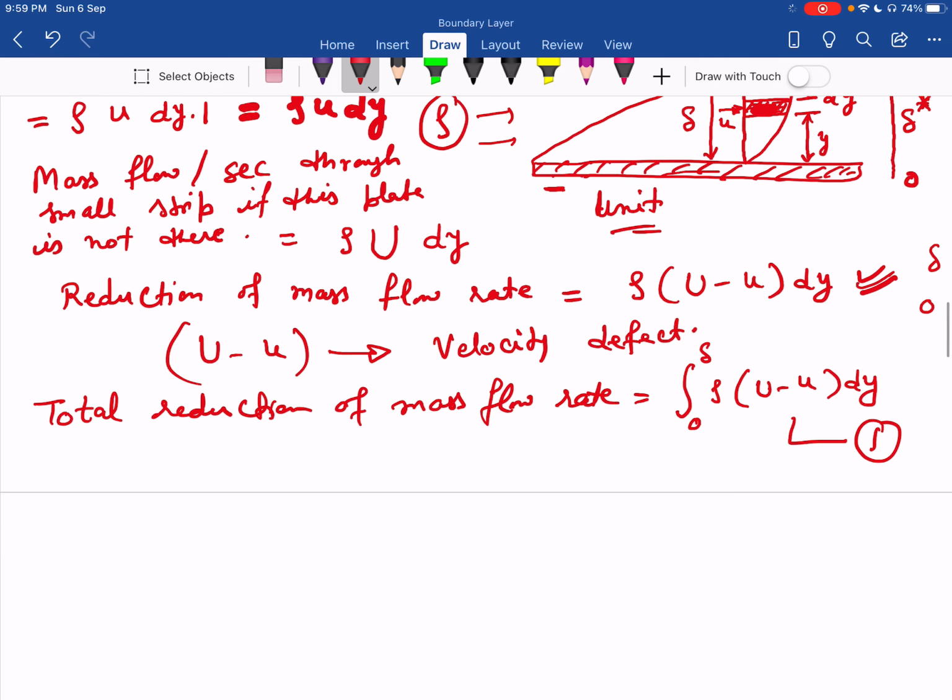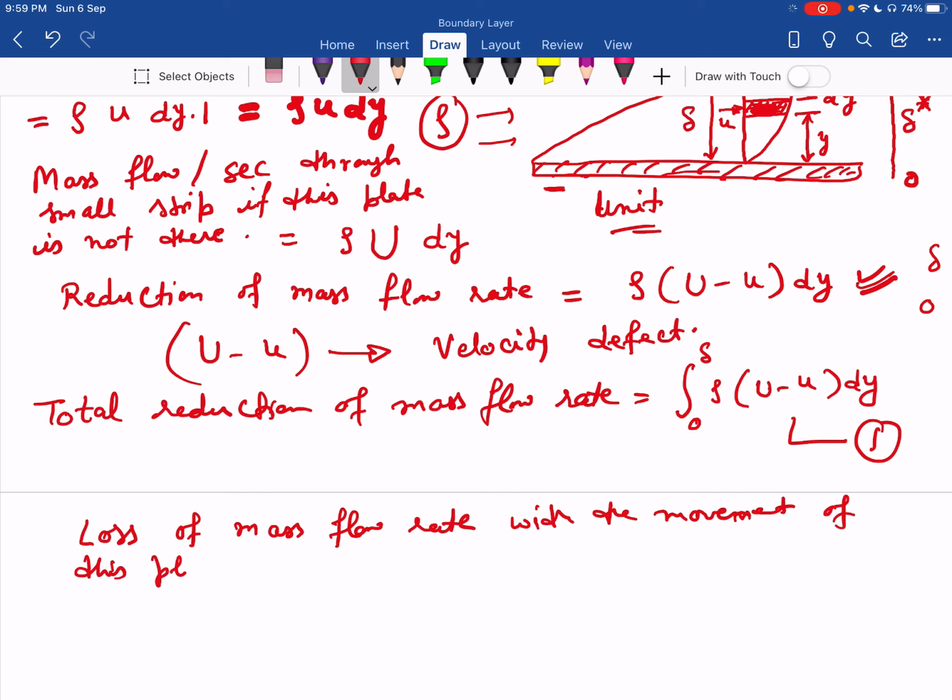I can write the loss of mass flow rate with the movement of this plate in the y direction by distance delta star as rho U delta star.